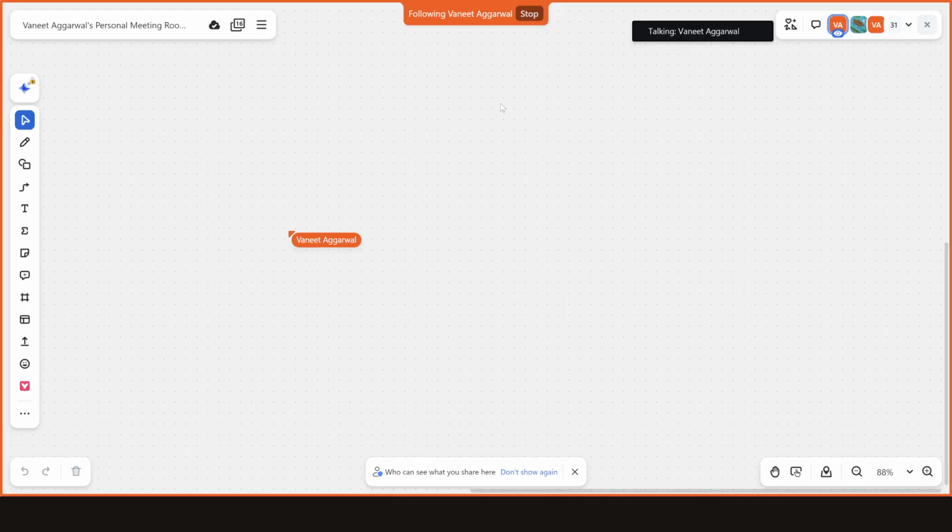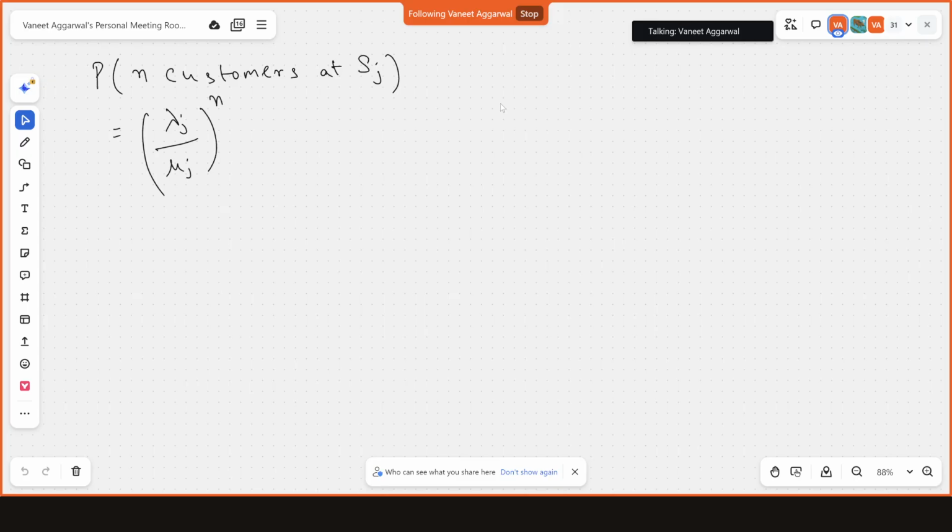First, what is the probability that there are n customers at server j? That is nothing but (lambda j over mu j) to the power n, times (1 minus lambda j over mu j). We did the independence result among the servers, and it holds even in this type of system.